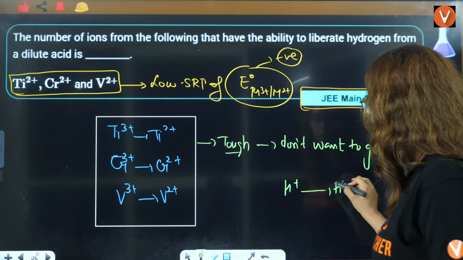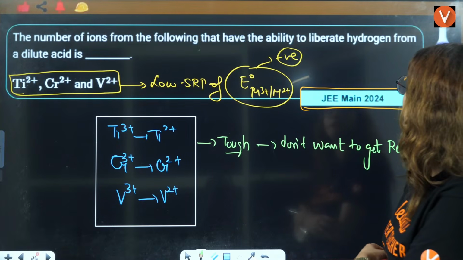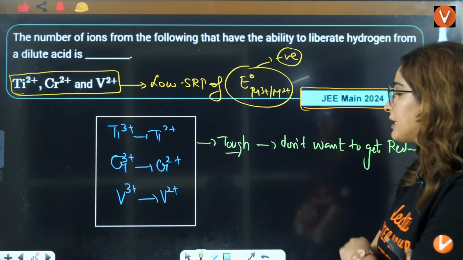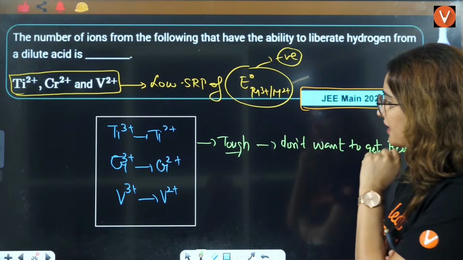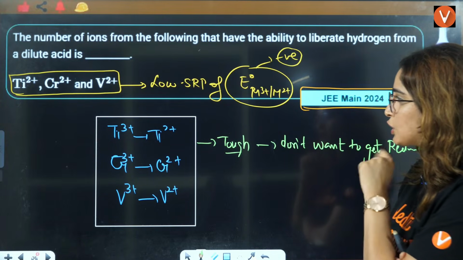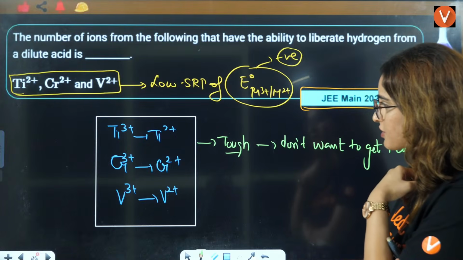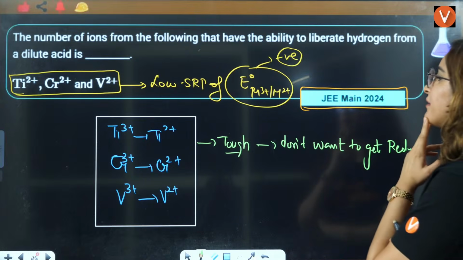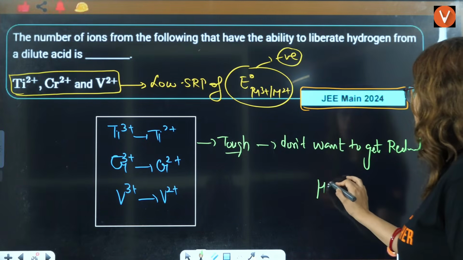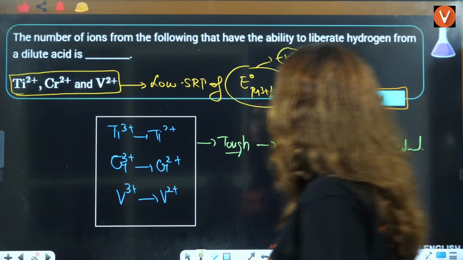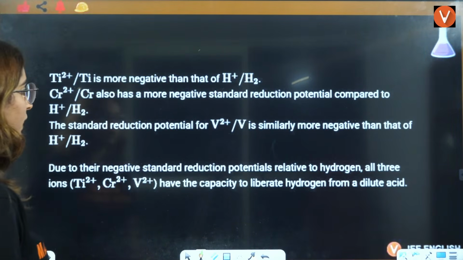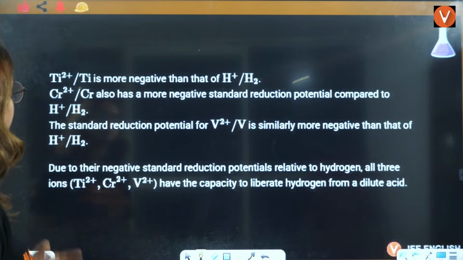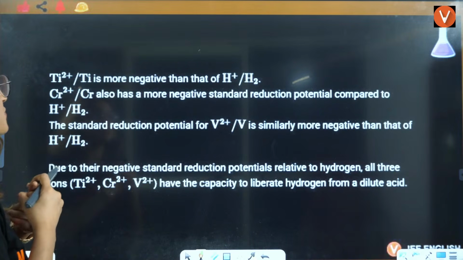Ions will have the ability to liberate hydrogen from a dilute acid. The standard reduction potential here is very low, so it's very difficult to decrease their oxidation number, right? Then they don't want to get reduced. And for H+ to H2, how will they oxidize? We need to compare this with hydrogen as well.